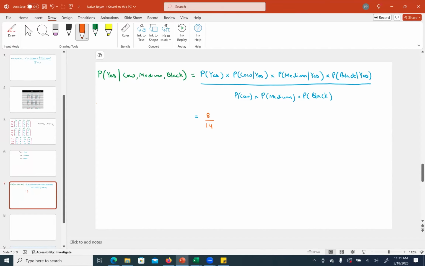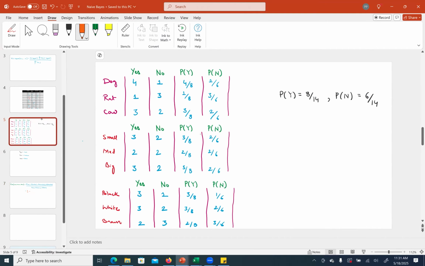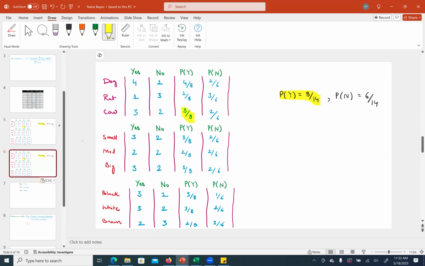What is the probability of cow given that it is yes? 3 by 8. Because it is given that it is yes, I'm already talking about these 8 data points. So it's going to be 3 by 8.